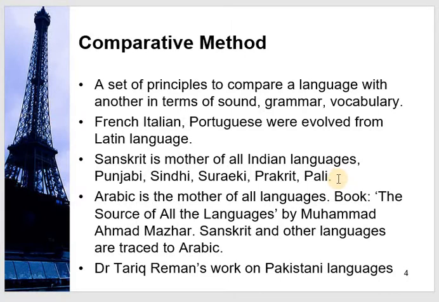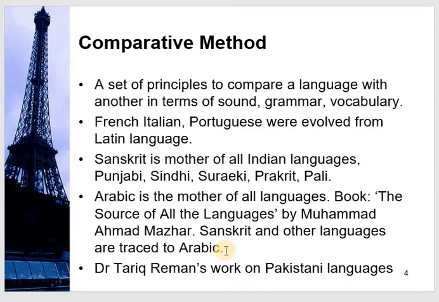He has written a book, The Source of All the Languages. In this book, he has proved that Arabic is the mother of all languages, and Muslims should also believe the same thing, because he proved that Sanskrit and other languages are traced to Arabic. Traced to Arabic means they have their origin in Arabic.